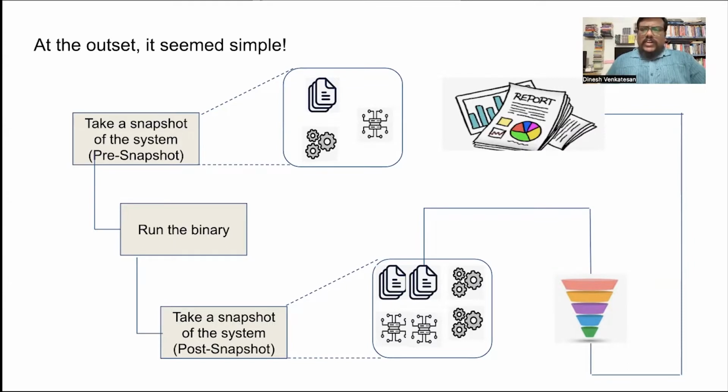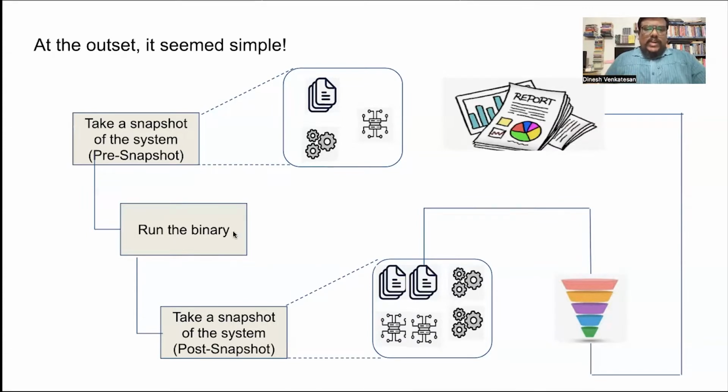So at the outset, it might seem very simple, and in fact, it is one of the common use cases. However, let's take a deeper look. So this would be a typical flow where we would take a pre-snapshot, capture all the files in the target system, and then kernel data structures and other significant files that correspond to certain automatic actions that can be done, like the scheduler.